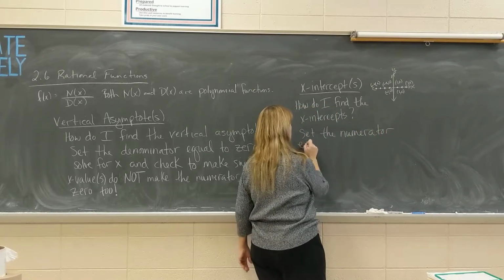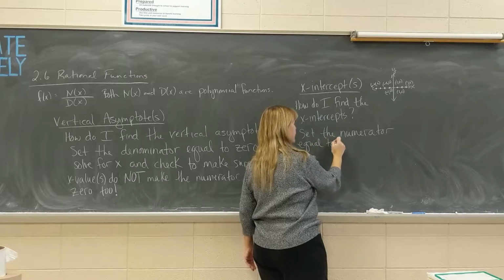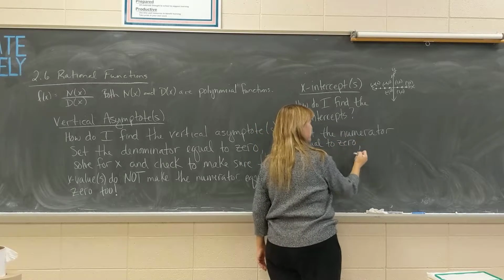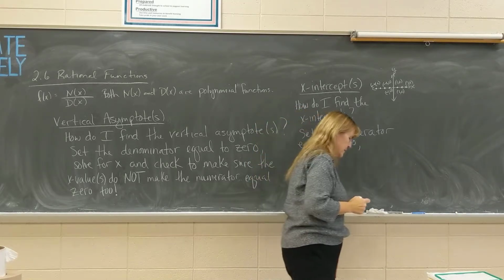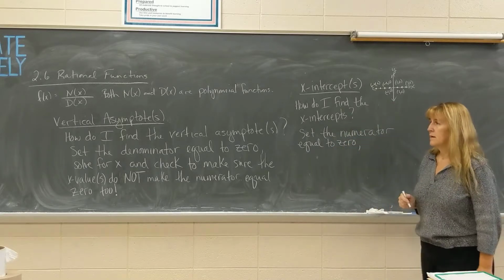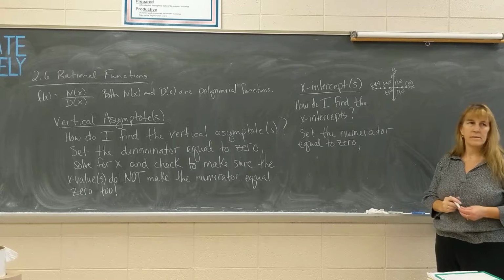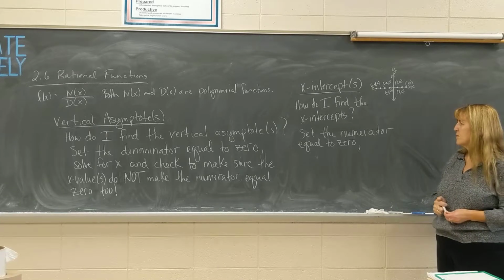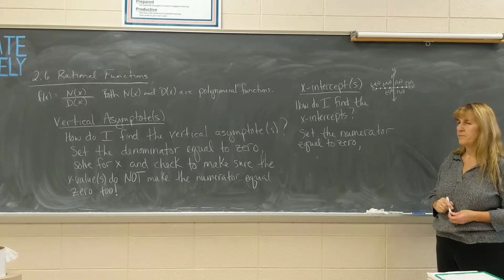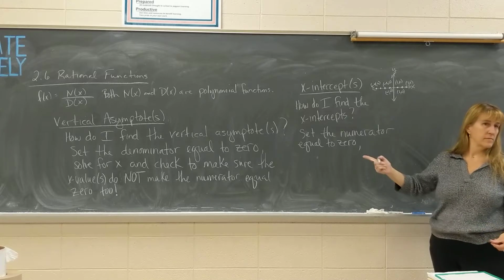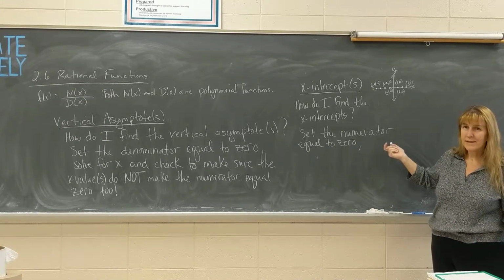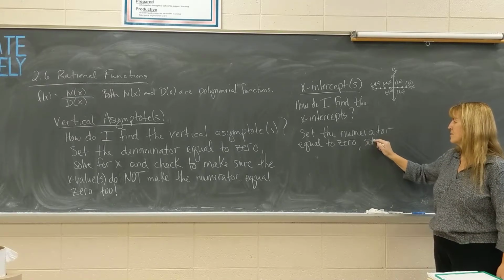Set the numerator equal to 0. What's my next word? Not the denominator to 0. Follow. Set the numerator equal to 0. Set the denominator not. Solve for x.